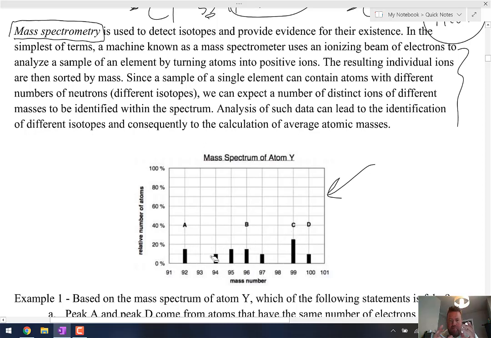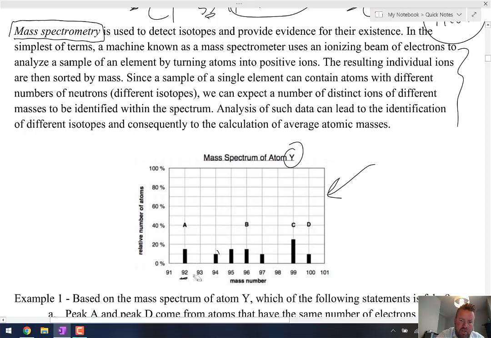So you take a sample of that element, you put it into this machine, it does its thing, and then it spits out this data that says, okay, of all the atoms of, in this case, a pretend element, Y, these are the different masses that we found. We found, again, this is an estimate here, about 15% right here contained a mass of 92. About 10% had a mass of 94, etc.